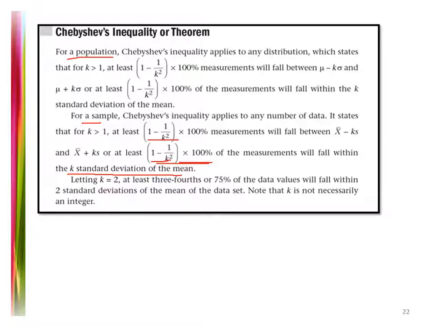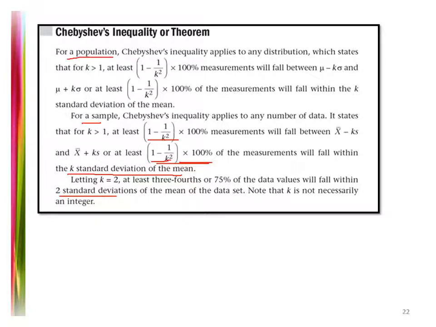So we can say at least 3/4, or 75%, of the data values will fall within the two standard deviation limit, that is, between x bar minus 2 times s and x bar plus 2 times s. Here k is not necessarily an integer; it can be a decimal too. But k is strictly greater than 1. That is the important condition.